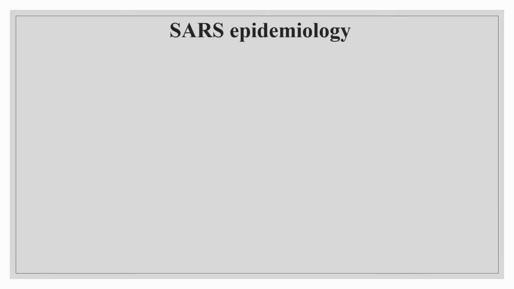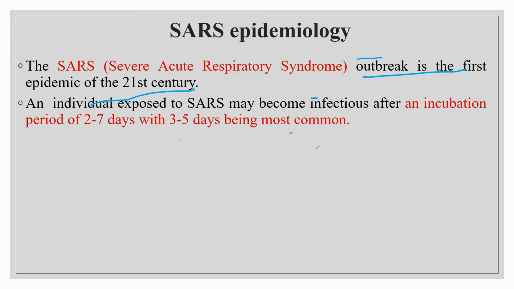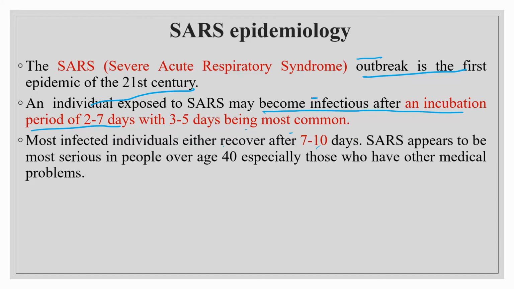Now let us develop the mathematical model for SARS epidemiology. Before developing any model, we must know about its biology. The SARS outbreak was the first outbreak in the 21st century, and it has an incubation period of about 2 to 7 days, the most common being 3 to 5 days, and individuals recover after 7 to 10 days.